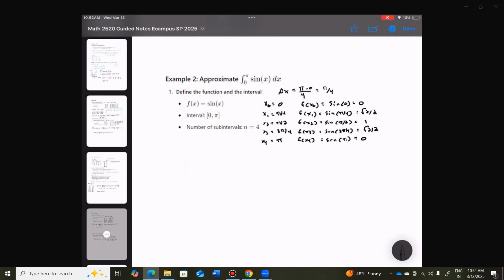Alright, so now the integral from 0 to pi of sine of x dx is approximately equal to delta x, which is pi over 4, over 2, f of 0, which is 0, plus 2 times f of 1, which is square root of 2 over 2, plus 2 times 1, plus 2 times square root of 2 over 2, plus 0. So this is going to be pi over 8 times square root of 2 plus 2 plus square root of 2.